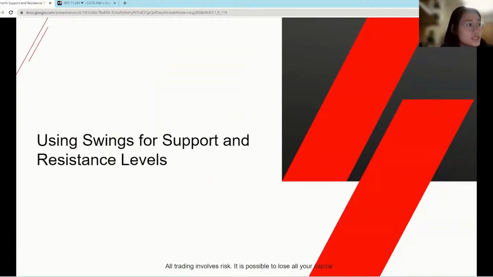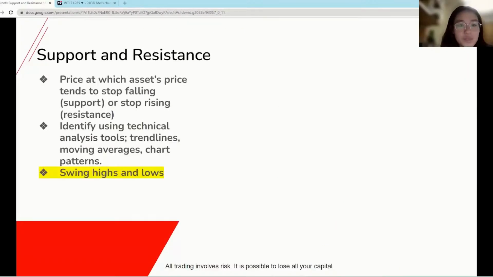So let's get started with using swings for support and resistance levels. Support and resistance levels in trading refer to prices at which an asset's price tends to stop falling, which would be your support, or stop rising, which would be your resistance. To identify these levels, you can use technical analysis tools such as trend lines, moving averages, and chart patterns.